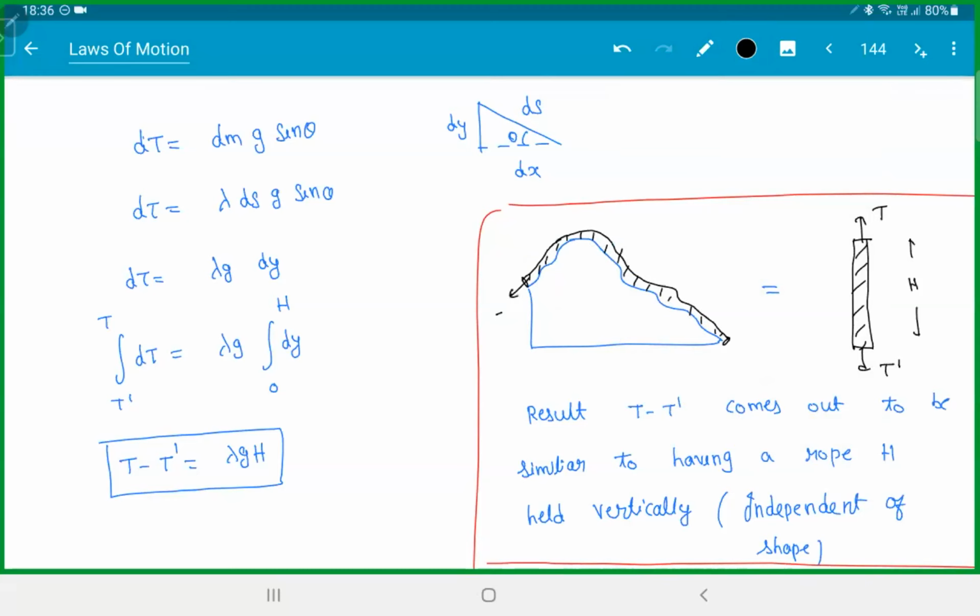So at this point, if it is T, and at this point it is T dash, basically you're interested only in the difference in height. Are you getting this? The two corners, the heights you have to take. It doesn't matter, the T need not be on the top also. The difference in tension between the two ends will be equal to lambda g h, where h is the difference in height between the two ends. The rope could have been like this also.